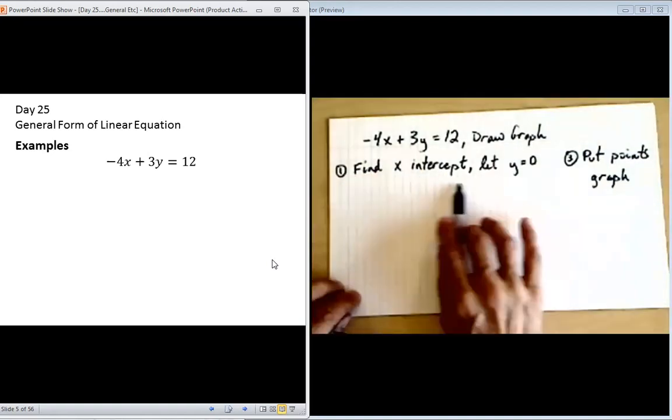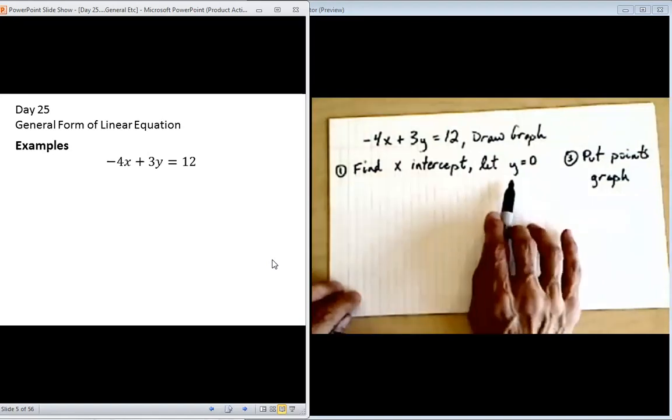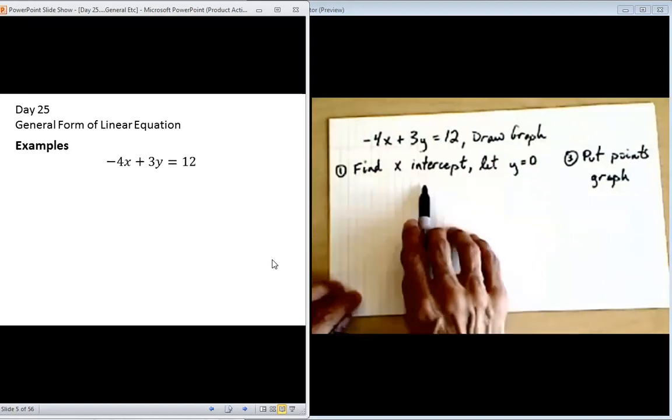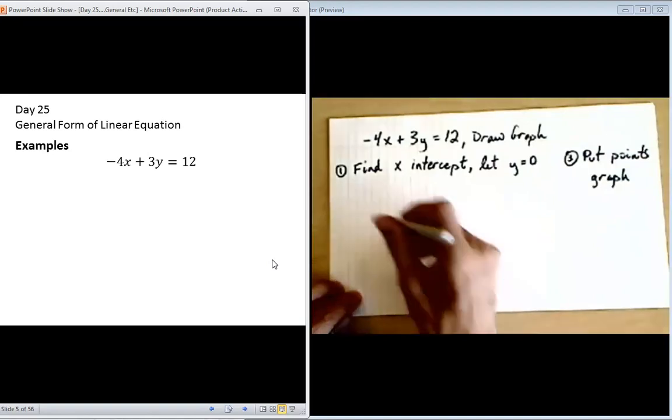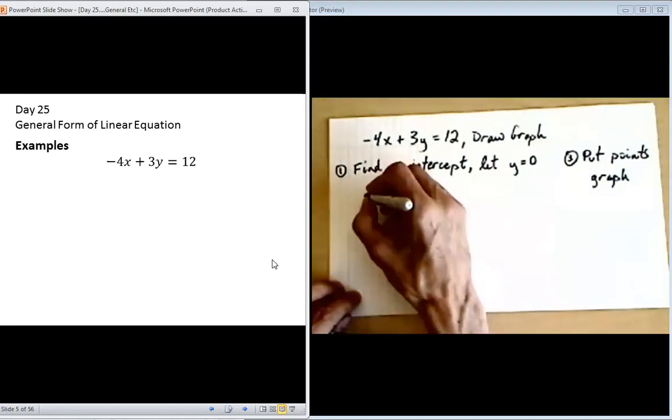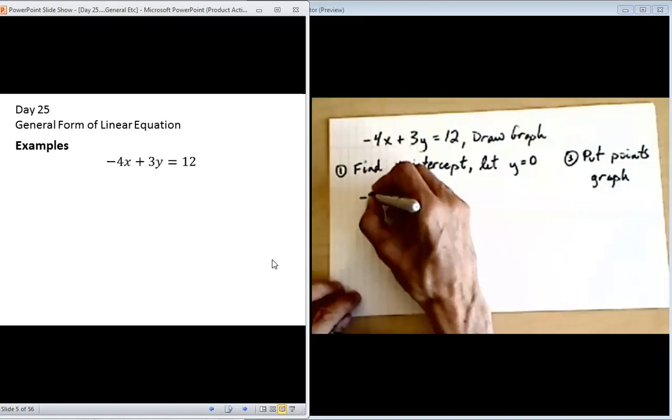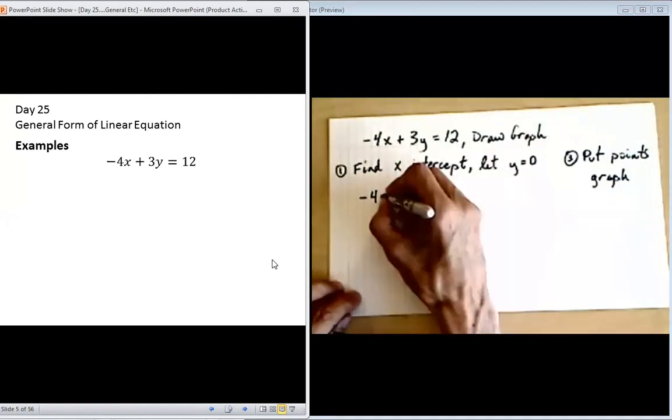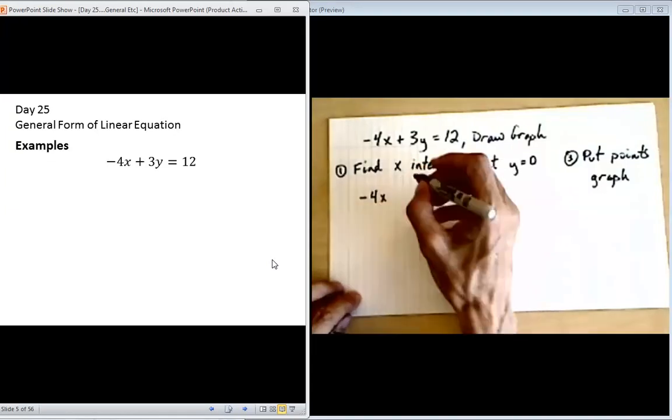And this is how we do it. Let y equal 0 for the x-intercept. I think like it should be two. For the 12 should be 6 and for the 4 should be 2. How are you getting those?